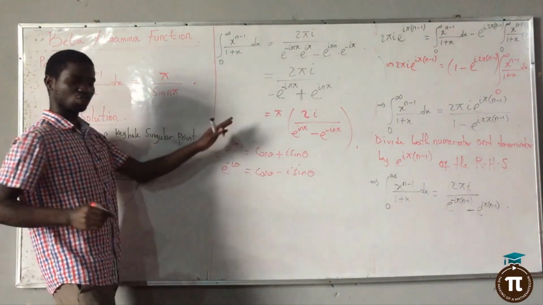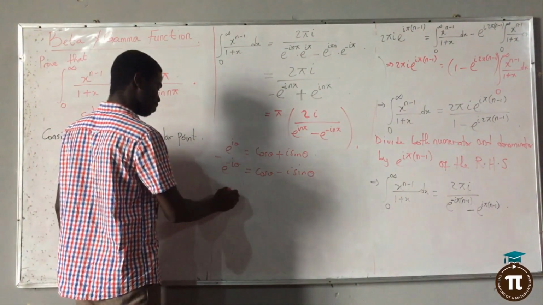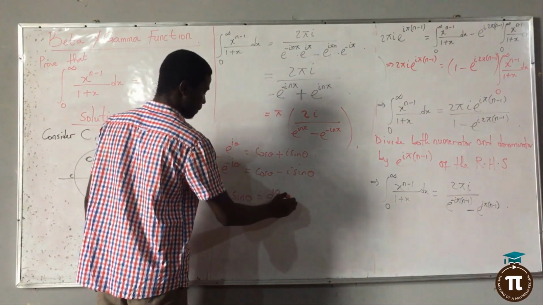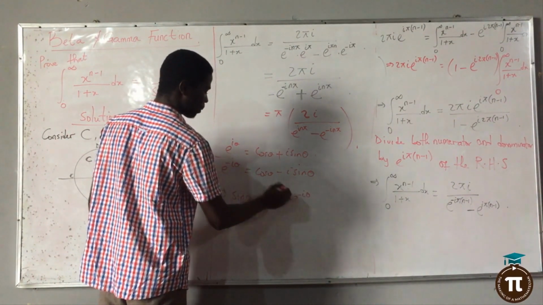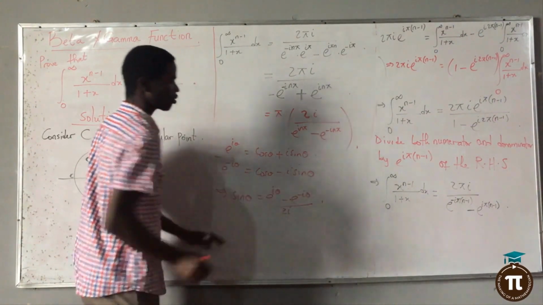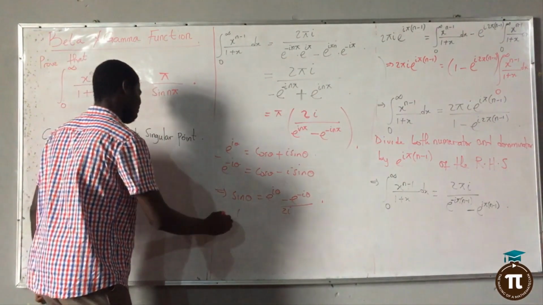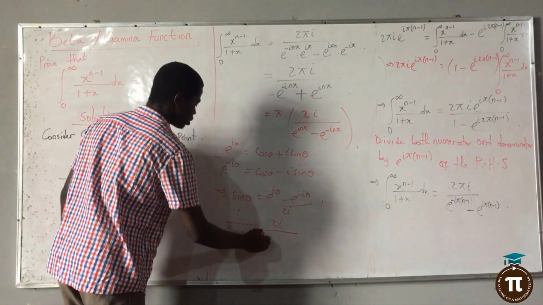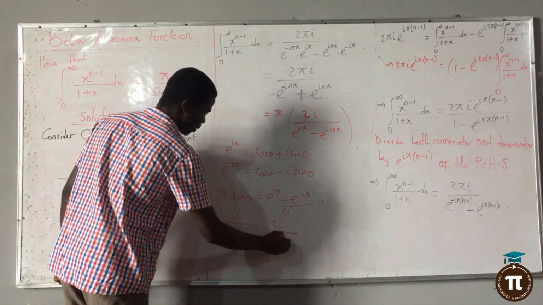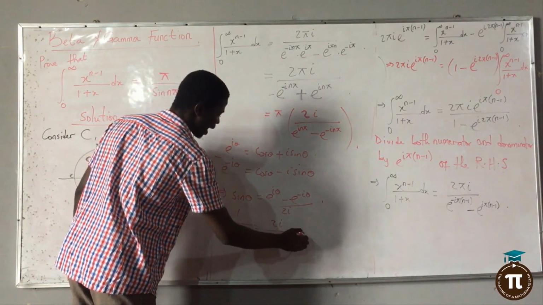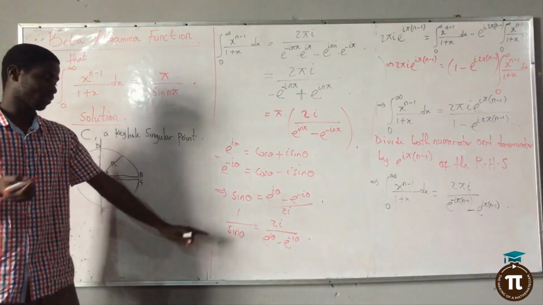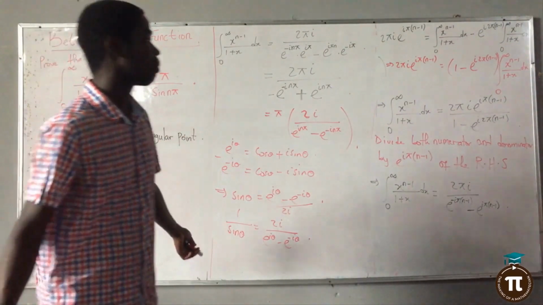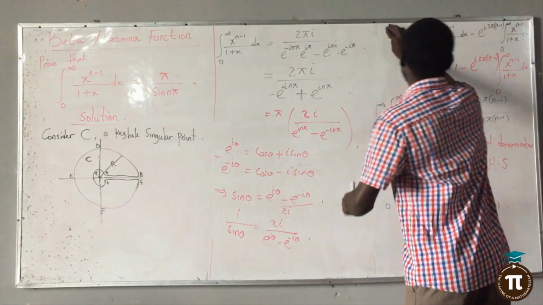Then if you subtract this from this, you will end up having sin theta equal to e raised to the power of i theta minus e raised to the power of minus i theta over 2i. So 1 over sin theta is equal to 2i all over e raised to the power of i theta minus e raised to the power of minus i theta. That is what you are going to have. This is very basic, from complex numbers or complex analysis.